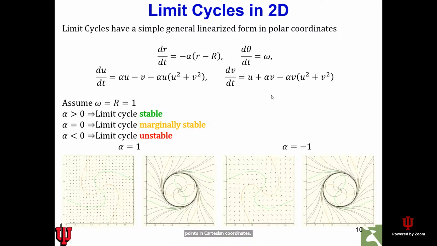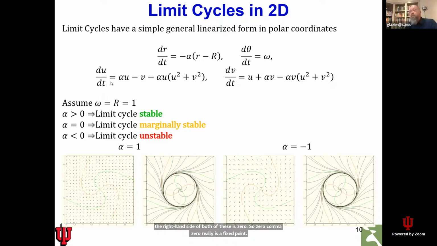But if I look here and I set u and v to 0, then the right-hand side of both of these is 0. So (0, 0) really is a fixed point. And let's look at stability. If I take the derivative of du/dt, I have to do the full analysis, but I'm going to find effectively that the real part of the eigenvalue is alpha.